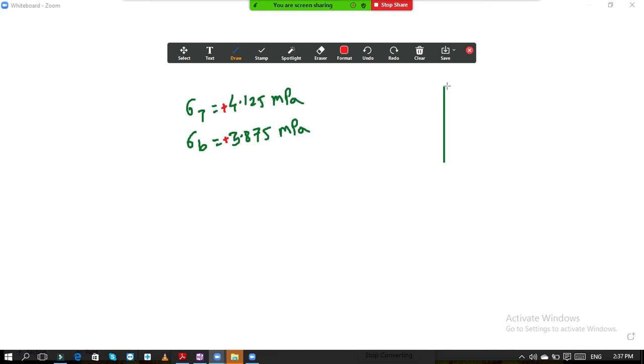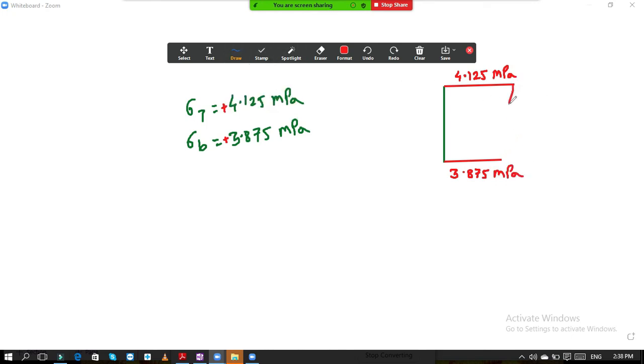So positive means here up to this point, and I will write here 4.125 Newton per mm square. Then 3.875, so this is 3.875 up to this point. By taking judgment, you can draw this 3.875 Newton per mm square.